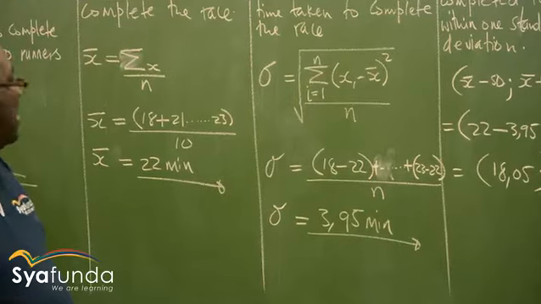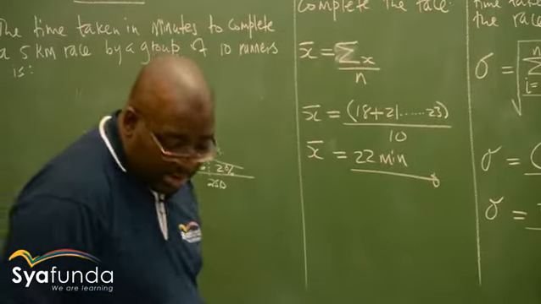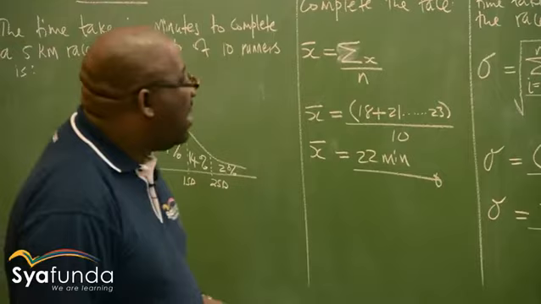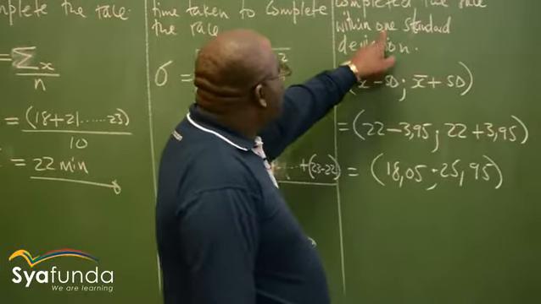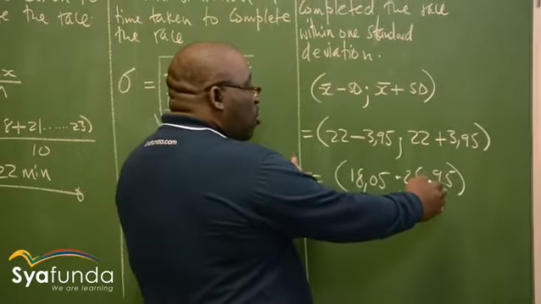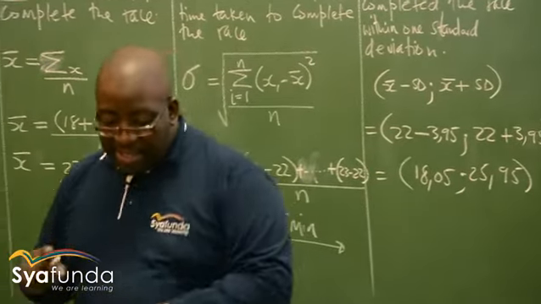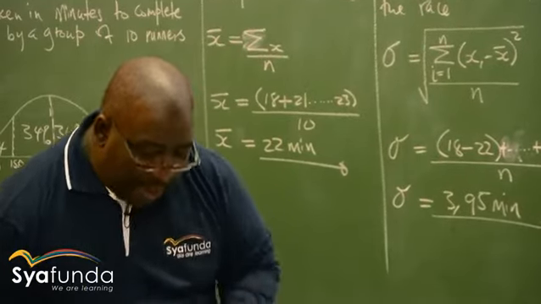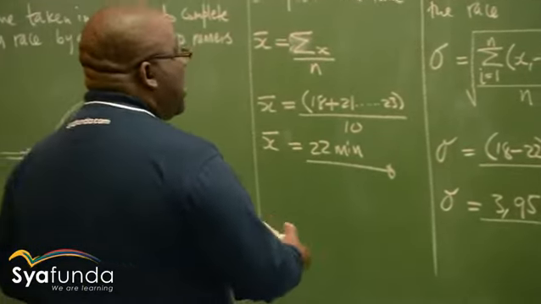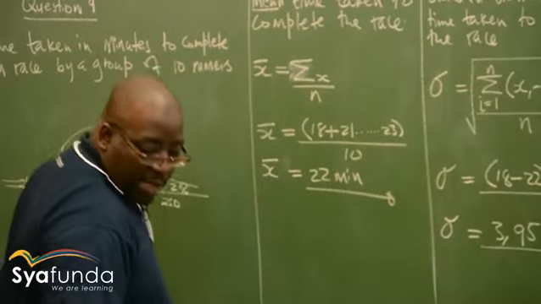Now, what is this saying to us? It is saying that runners who fall within 1 standard deviation are runners who made a time in this range. Let's quickly recall our data. Remember that we had about 10 runners. Let me quickly write them here.